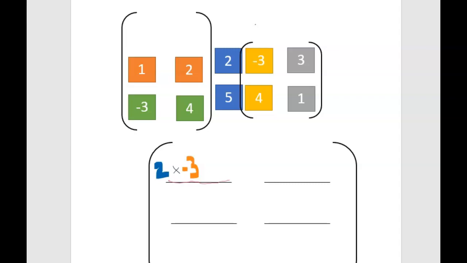So we've done the first lot, and then we keep going until we've done the other multiplication. So we just add then. So we've done the 2 pairs. Think of it like a dance. So number 2 is dancing with number -3, and now 5 is dancing with 4.